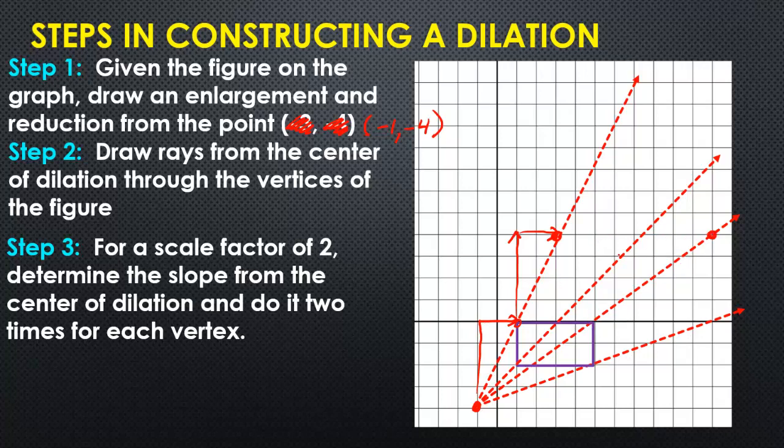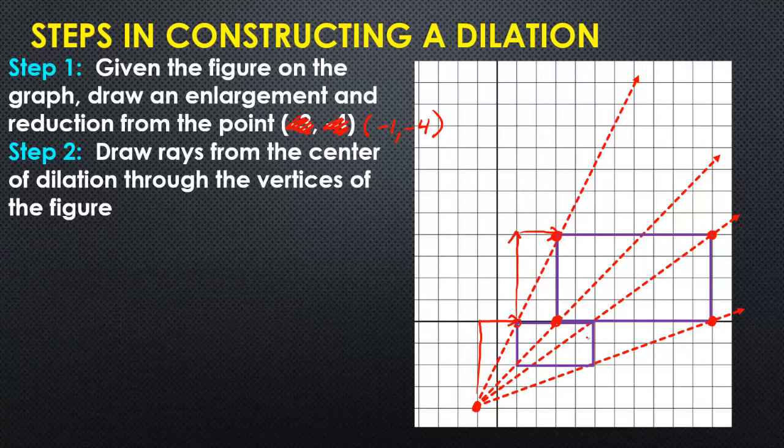But as you can see, it's pretty obvious where these points are going to fall. If you look, we go over to the right 6, up 2, over to the right 6, up 2. And then this point is going to fall on the same spot there. And that would be our enlargement.